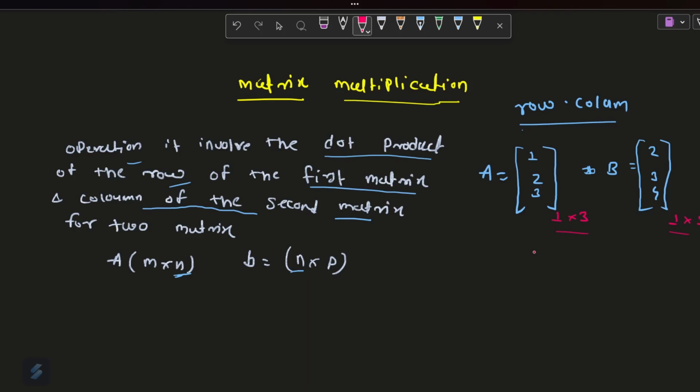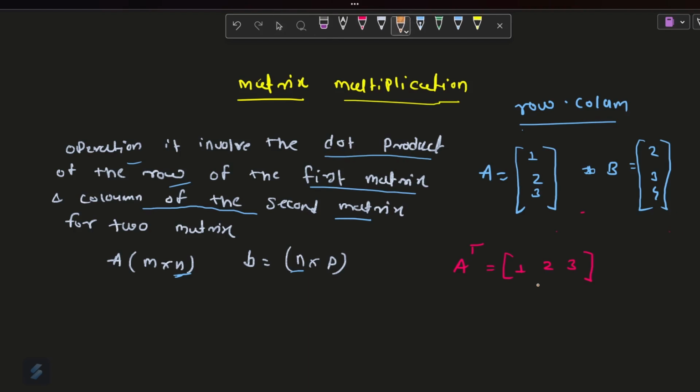So what do we do? We simply take the transpose of matrix A. This matrix looks like 1, 2, and 3, a 3 by 1 matrix. Sorry, my fault.